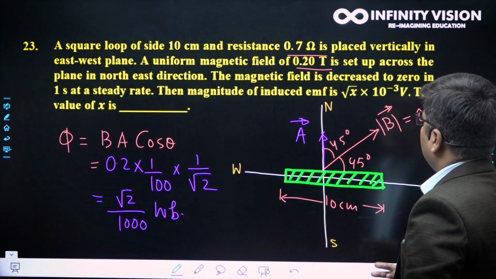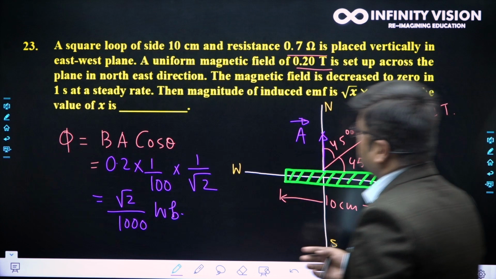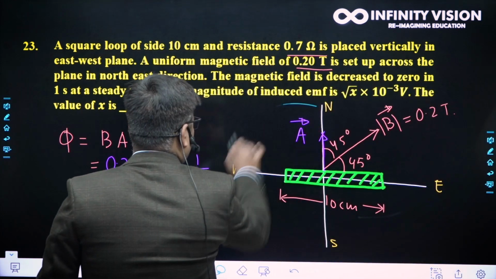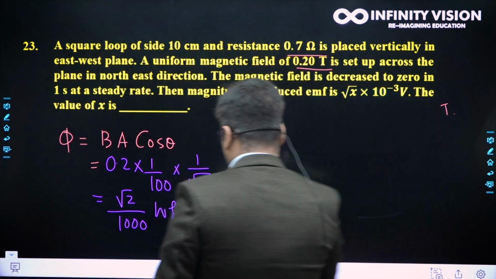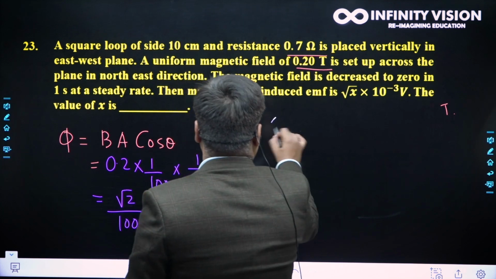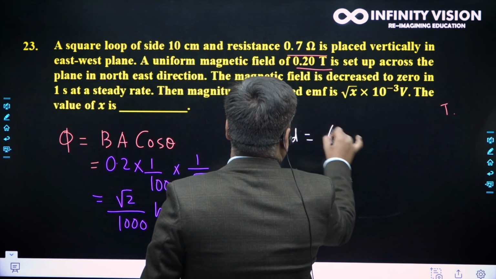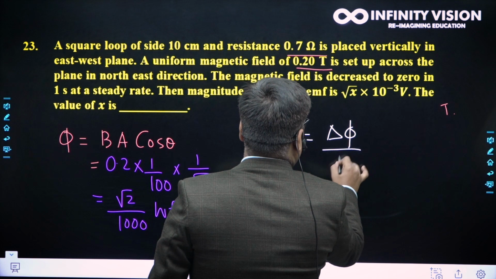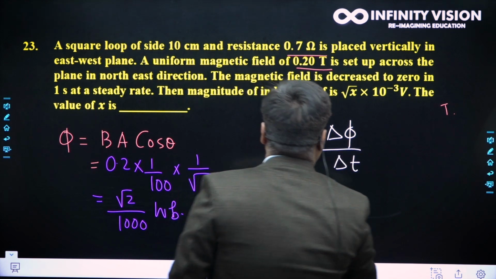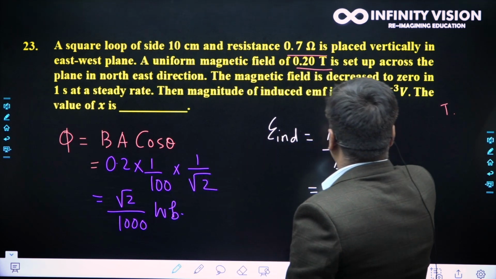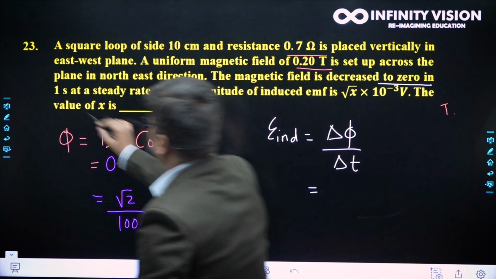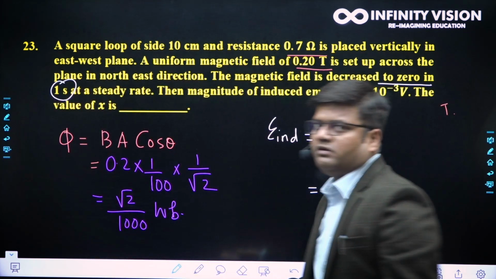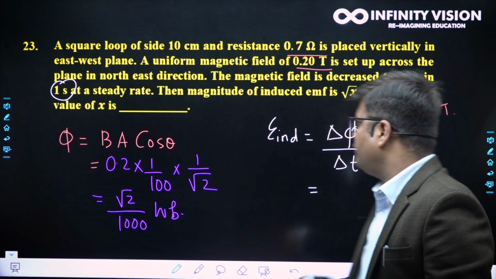Now, as per Faraday's law, the induced EMF will be change in flux upon time taken. Since the magnetic field is decreased to 0 in 1 second, initially the magnetic field was 0.2 Tesla, now it is 0. So the final flux will be 0.